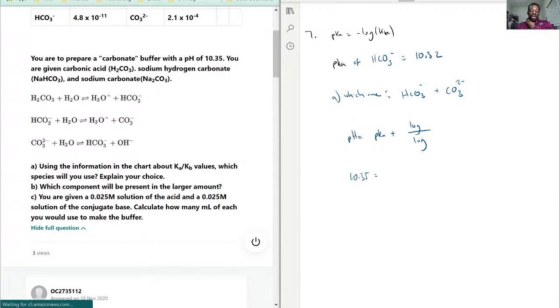The pKa here is 10.32 plus the log of conjugate base over conjugate acid. There we go, no wonder. Conjugate base over conjugate acid.